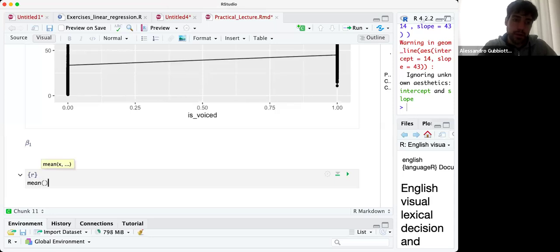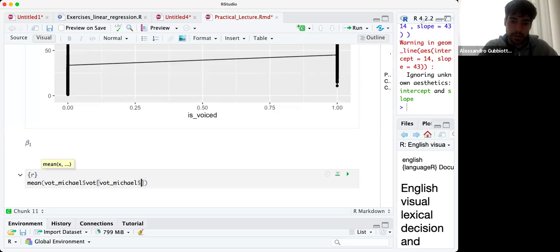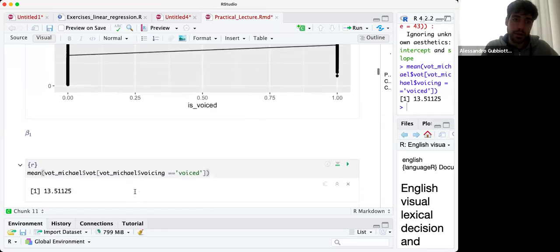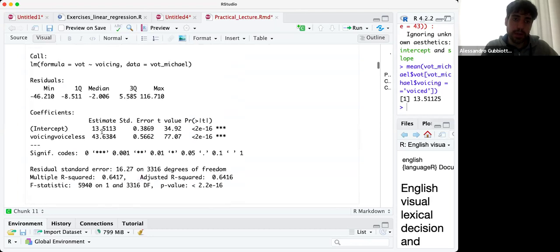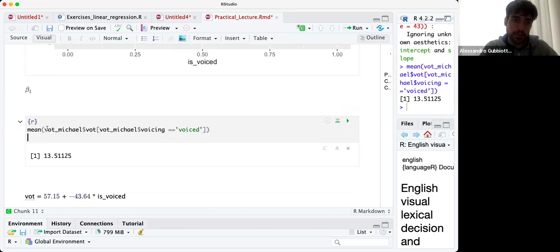So if we compute the mean of the vocal onset time for voiced consonants, this is simply our prediction, 13.51. Going back here, it was our beta zero, and the other one. So we are simply computing the mean of the two columns.